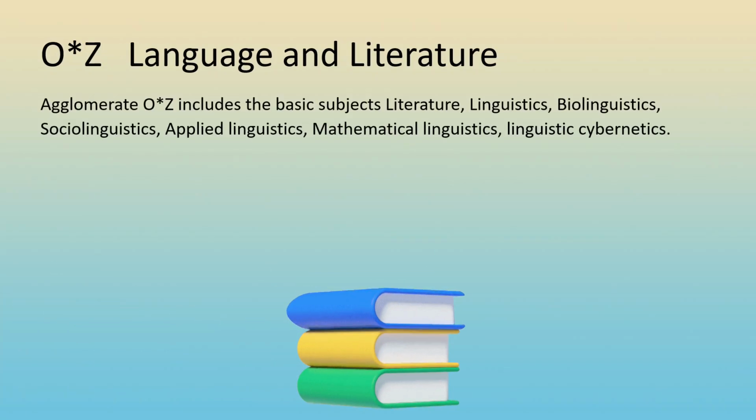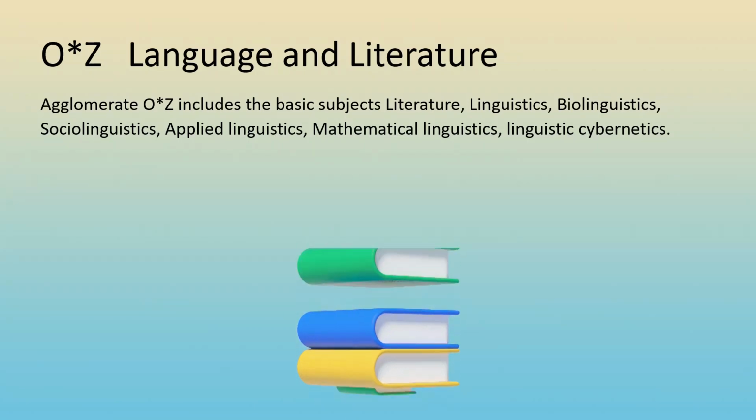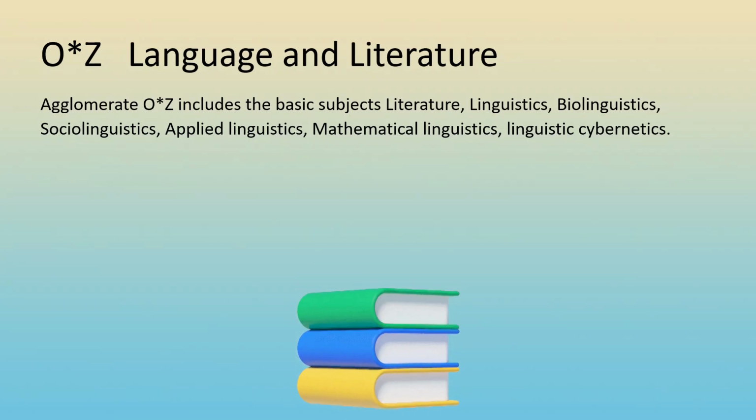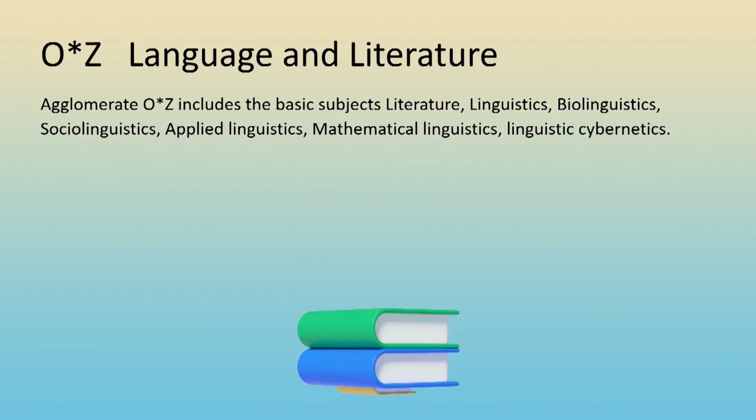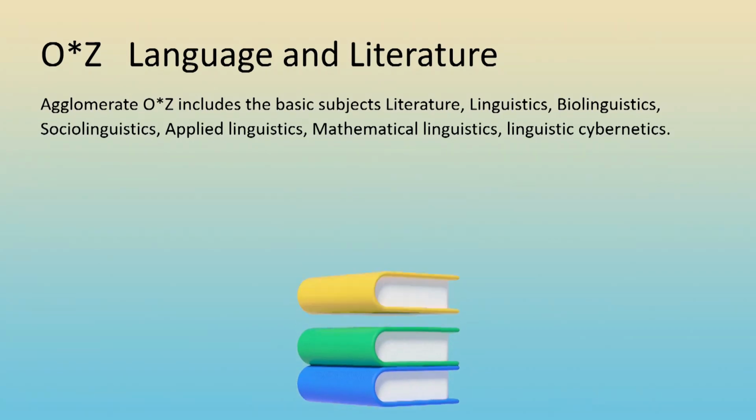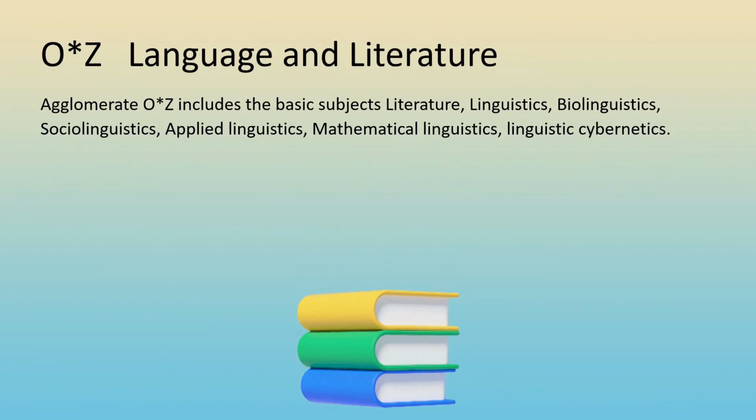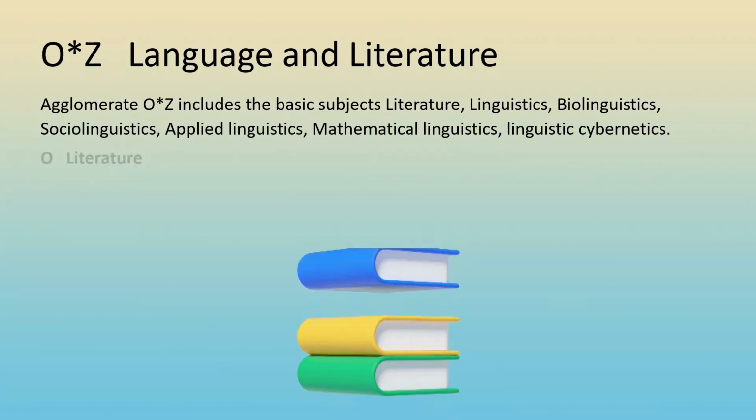Next, move on to the agglomerate language and literature denoted by the notation capital O star capital Z, and it includes the basic subjects literature, linguistics, biolinguistics, sociolinguistics, applied linguistics, mathematical linguistics, linguistic cybernetics.